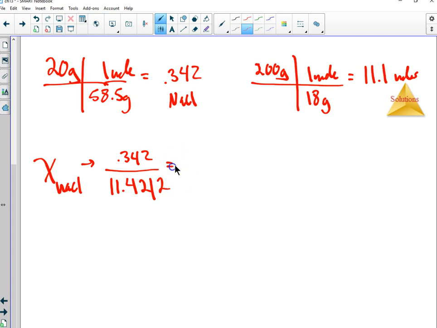Okay, what does that equal? Okay, 0.029. All right. X, or mole fraction, or ratio, they're the same thing. For H2O it would be 11.1 divided by 11.442.